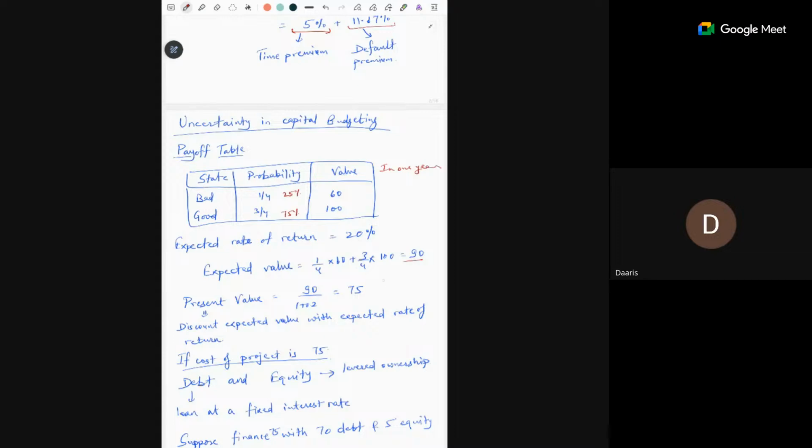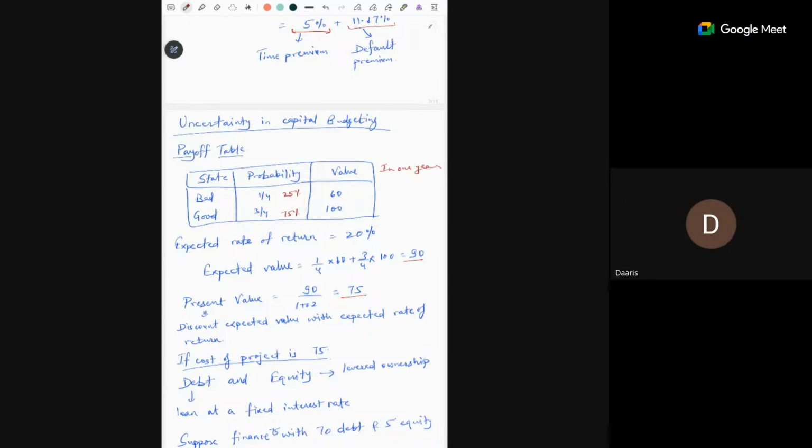So I have the expected value and the expected rate of return. I can calculate the present value, which turns out to be 75. I am discounting the expected value by the expected rate of return to get the present value, 75. If there is no information asymmetry in the markets, any project's present value should be equal to its price.